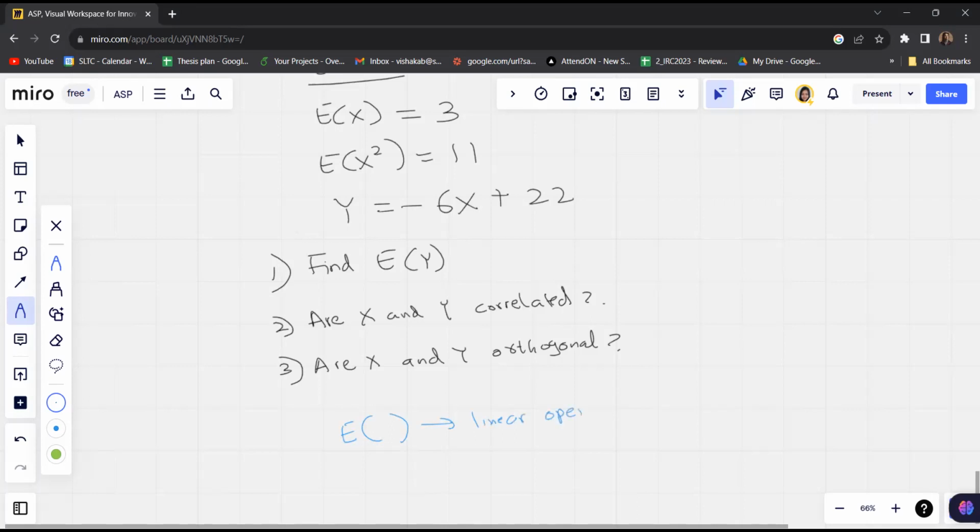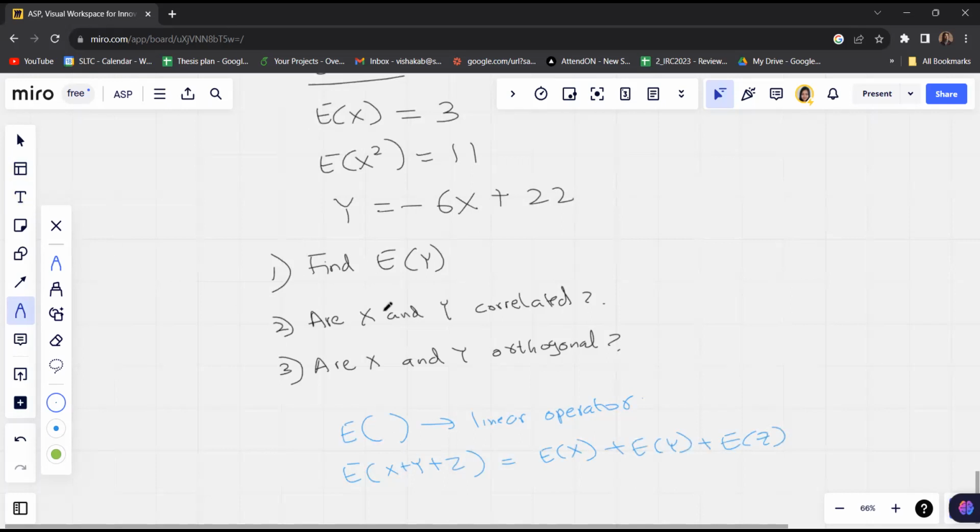So if we have an expression with a collection of x, y, z, likewise random variables, we can apply expectation operation to the whole expression. So if we want to find expectation of x plus y plus z, then it is going to be equal to EX plus EY plus EZ.